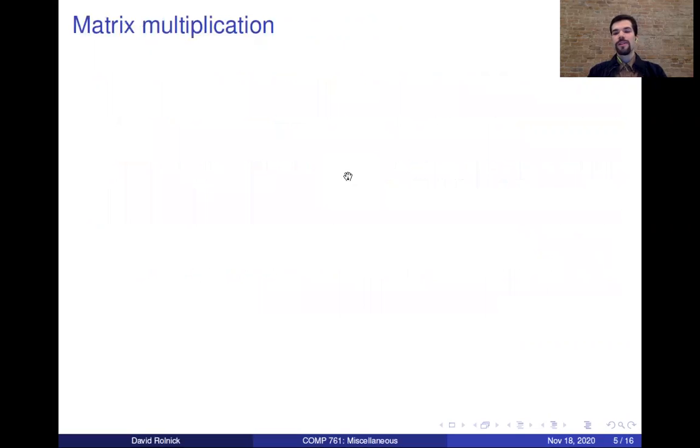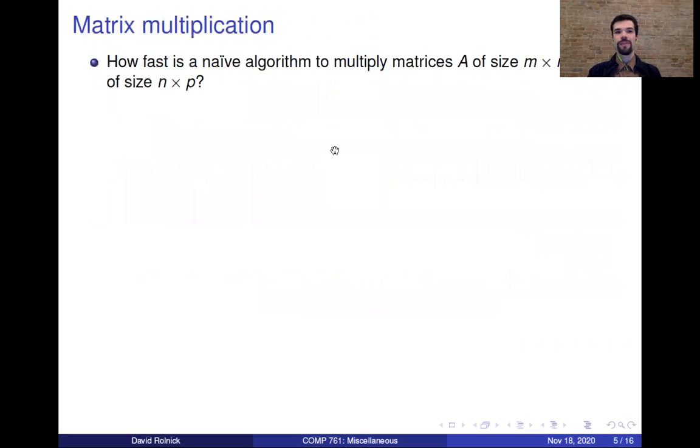Okay. So let's see another context in which dynamic programming can show up. How fast is a naive algorithm to multiply matrices of size m by n and n by p?